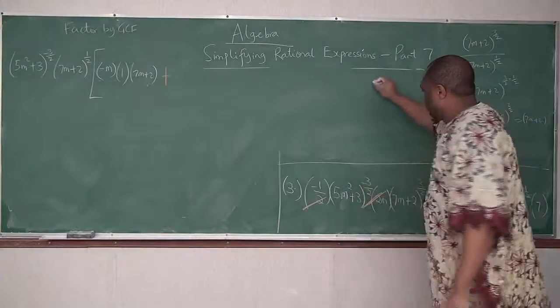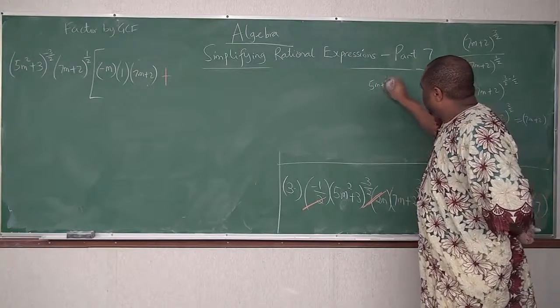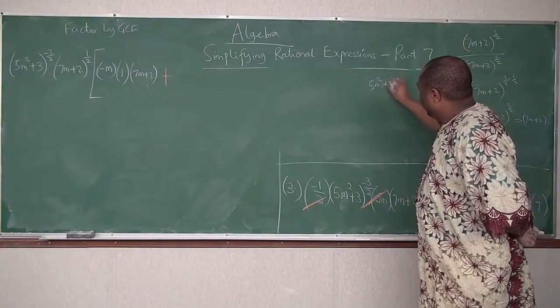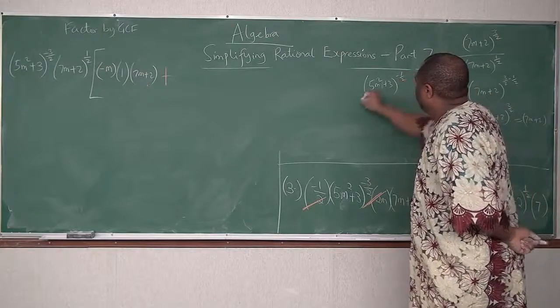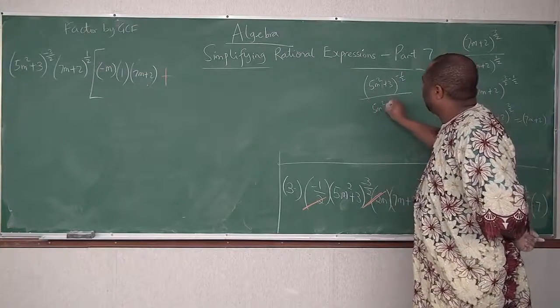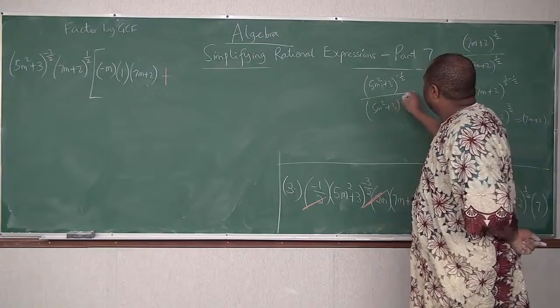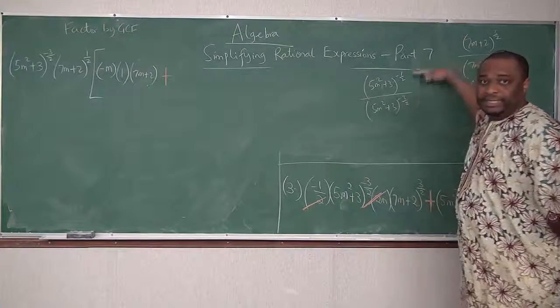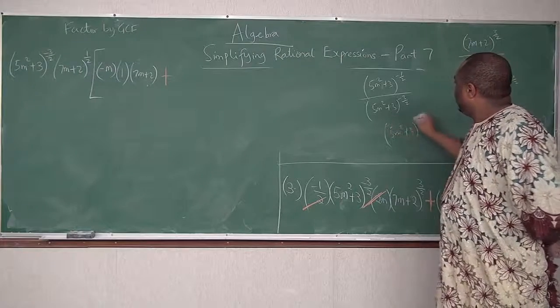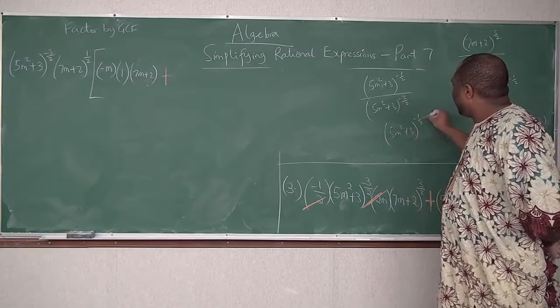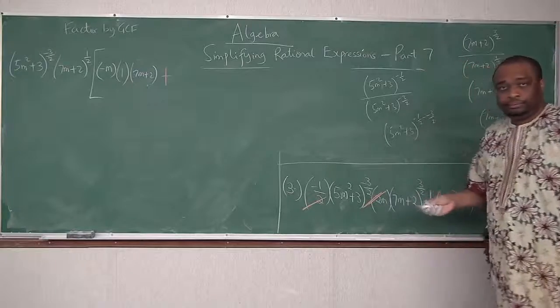You bring this up, so this is 5m squared plus 3 exponent negative 1/2 minus 3 over 2.